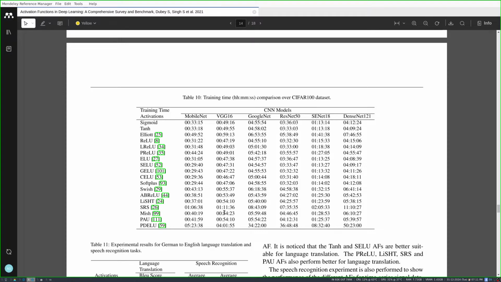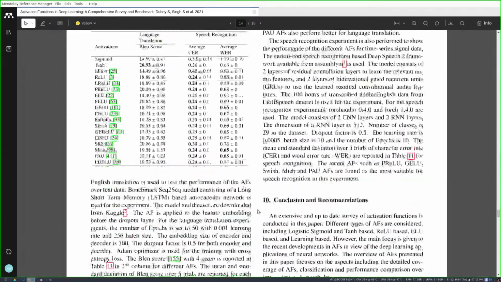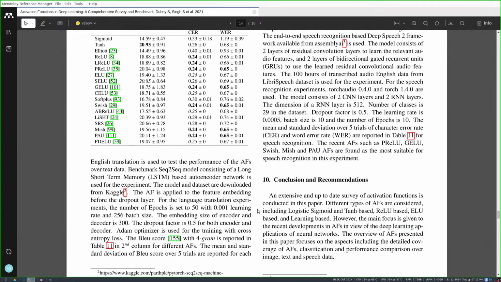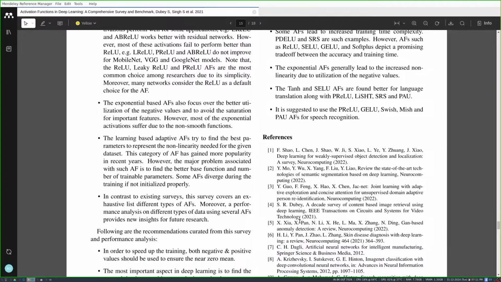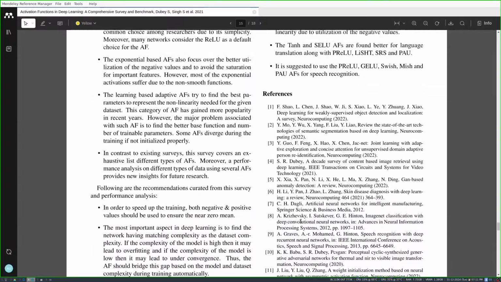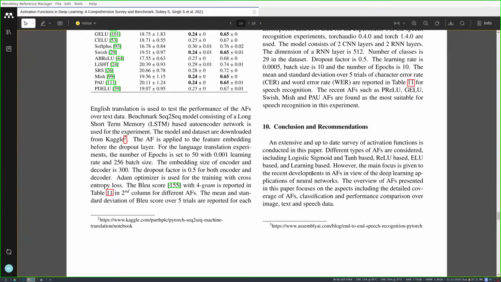Nice. Experiment decides from German to English natural language translation. Conclusion and recommendation. Yeah, let's read that. The extensive and up-to-date survey of activation functions conducted in this paper considers different types of activation function.